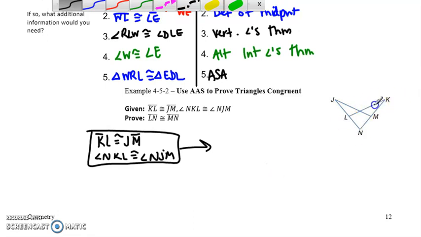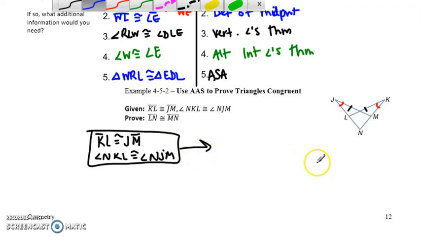KL is congruent to JM. And then we have some angles here. Angle NKL is congruent to angle NJM. Okay, so now where can we go after that?